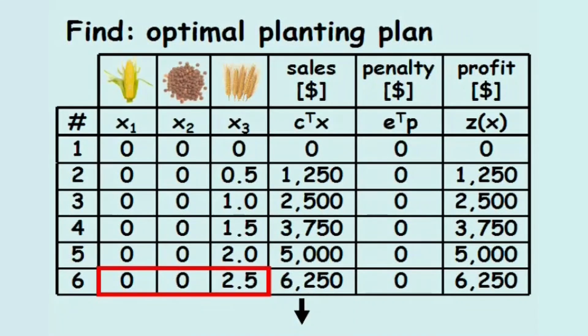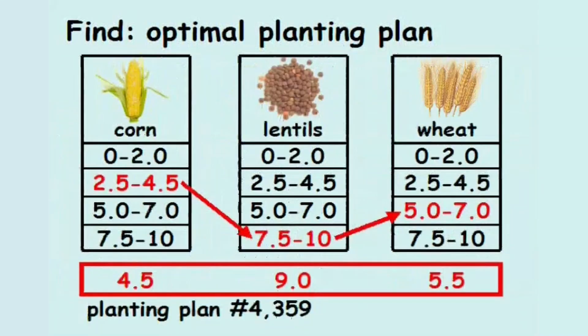As an example, planting plan number 4,359 includes 4.5 acres of corn, 9.0 acres of lentils, and 5.5 acres of wheat. Planting plan 6,354 includes 7.0 acres of corn, 4.0 acres of lentils, and 5.5 acres of wheat.